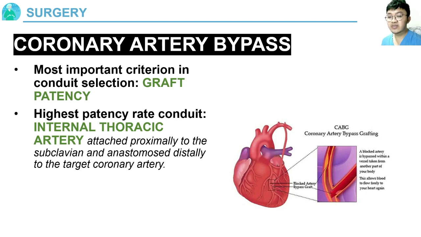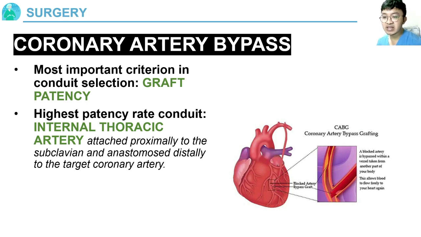So for your CABG or coronary artery bypass, the most important criterion in conduit selection is the patency of the graft. You want to decide which vessel to graft in the coronary arteries by identifying which vessels have greater patency rate. How long can they stay open over time? So that's graft patency.